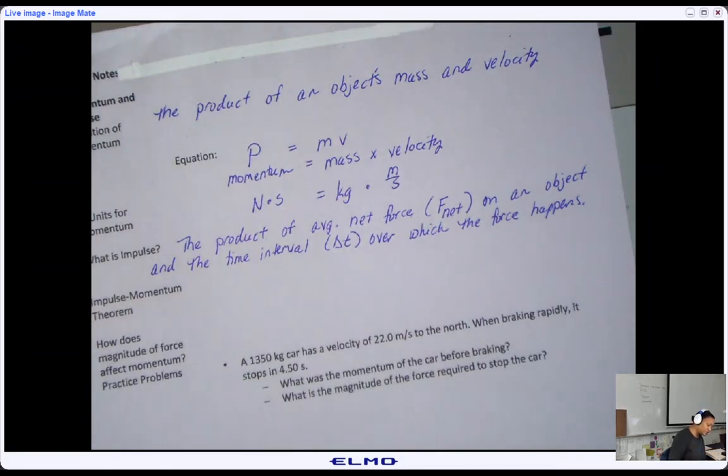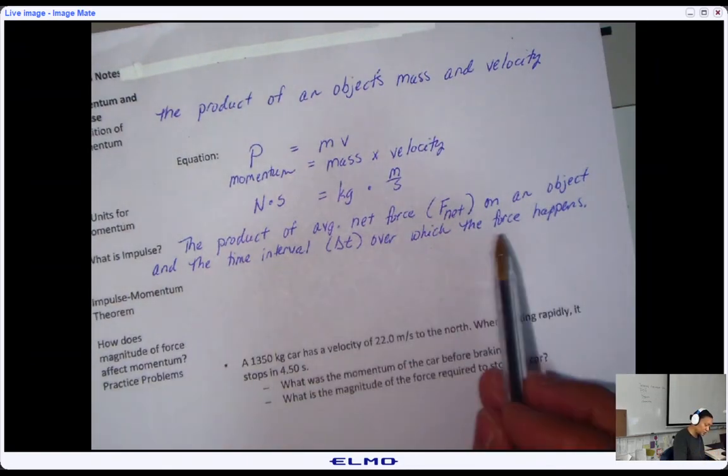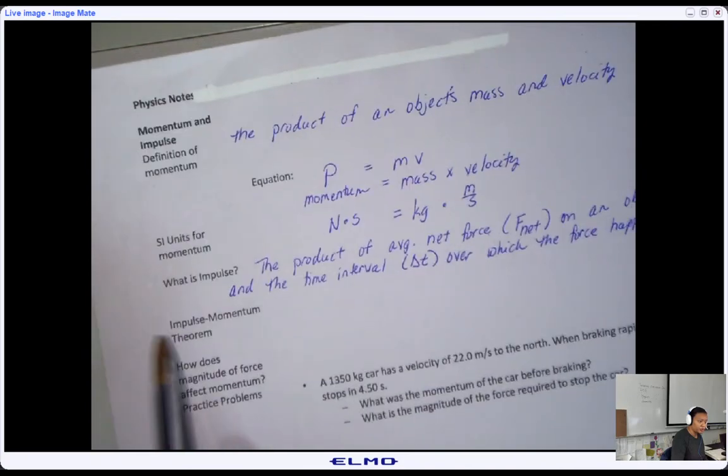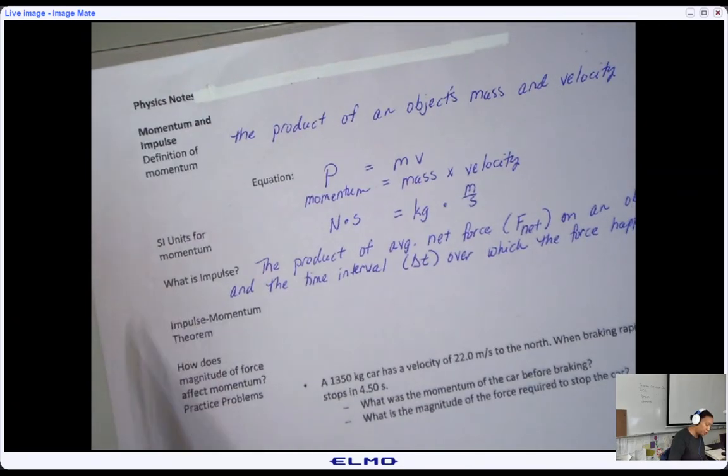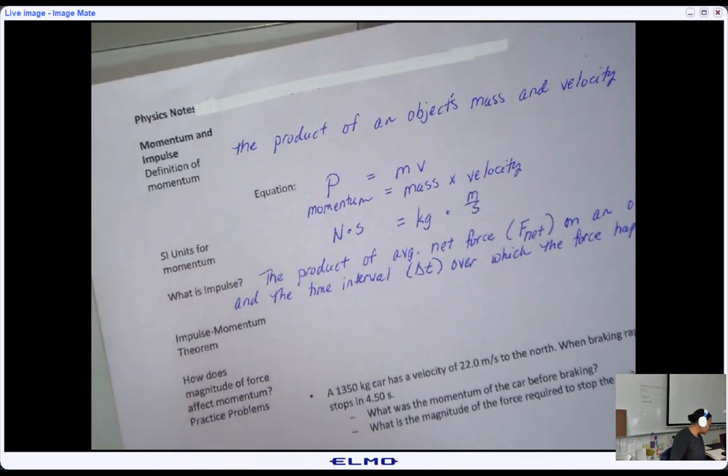Okay, so the equation for this, and I didn't leave any room over here, so I'm going to put it over here. The equation for impulse, now it kind of depends on what resource you're using as far as what they use for the symbol for that variable.